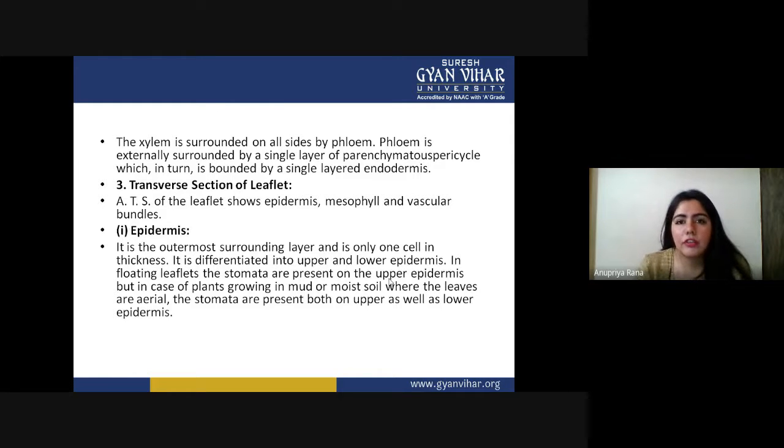But if the condition is terrestrial or xerophytic, then the situation will be opposite and stomata will be present on the lower side, because at that time they cannot expose themselves to an excessive transpiration rate, as it would lose an immense amount of water from the plant. In a terrestrial plant we cannot face that kind of situation, but in the aquatic plant we can do as much transpiration as the plant can tolerate.